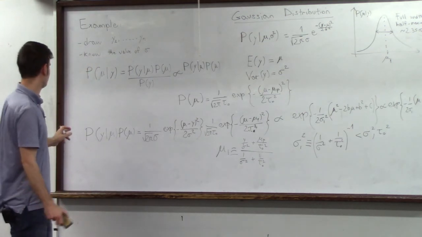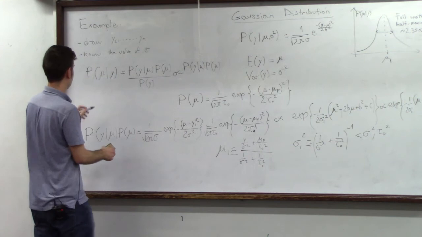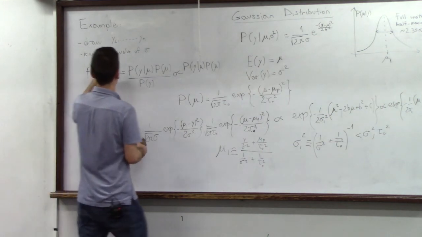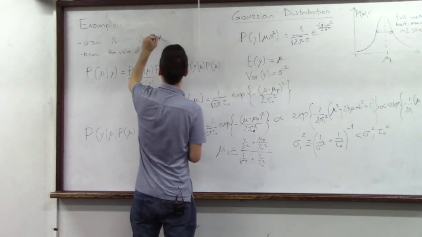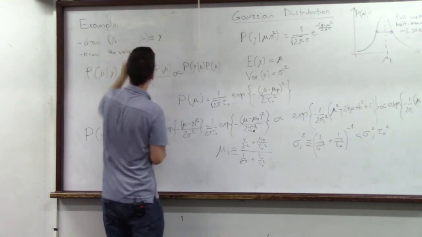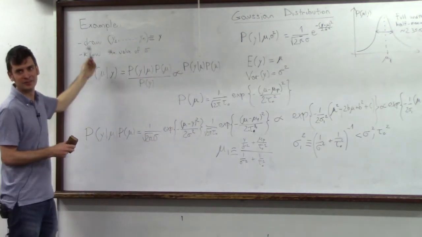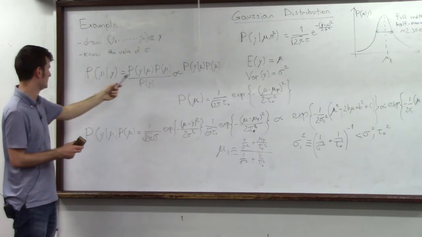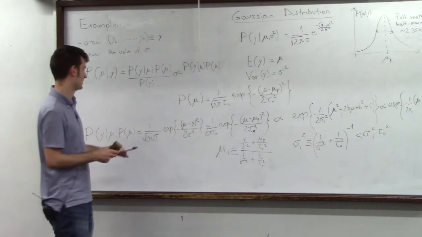Well, if the draws are independent, our y is really, I rename y as this collection of measurements for simplicity, so I can leave everything as it was.